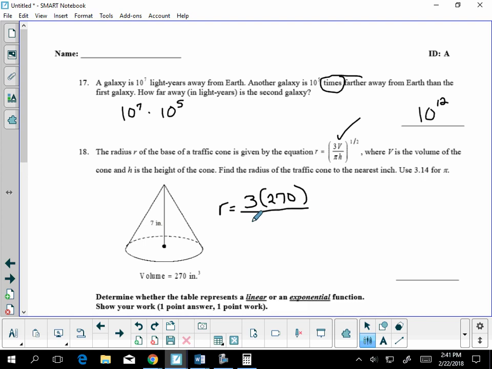They tell us to use 3.14. And then they tell us that the height is 7. So figure all that out. Use your calculator and then raise it to the 1/2. And it's not going to come out exact, but it's about 6.